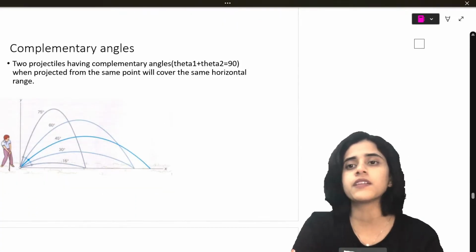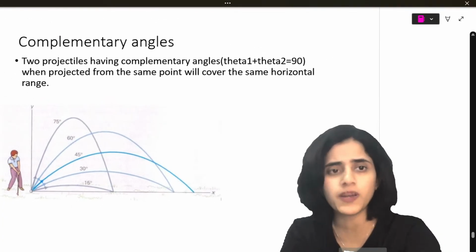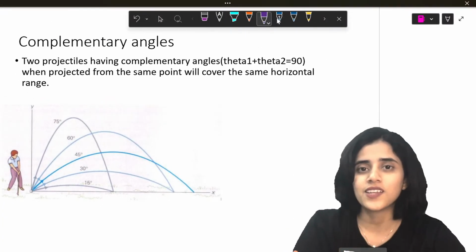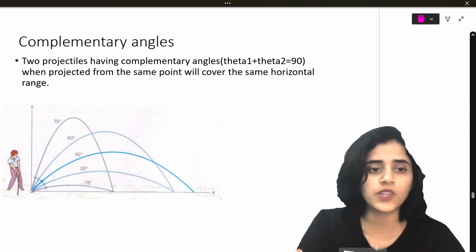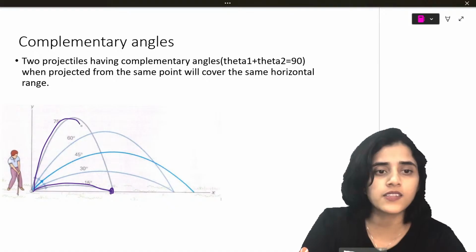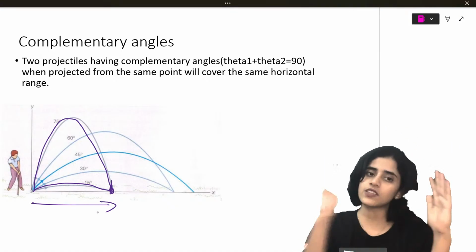Next is complementary angles. You might have learned about this. It's a very, very simple concept. Complementary angles is when you have two projectiles, let's say this one and this one, that have the same range. That means along the x-axis, they travel the same distance.